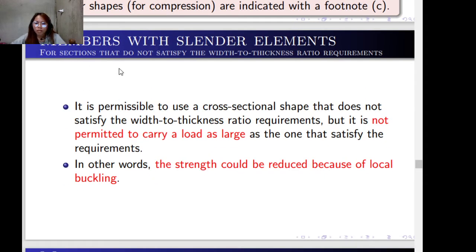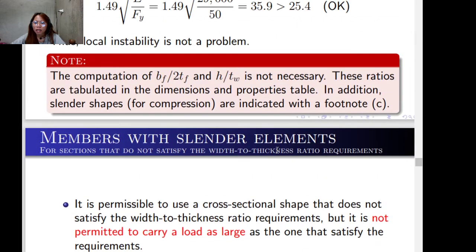What if the sections do not satisfy the width to thickness ratio requirements, meaning greater than lambda sub r and lambda sub p, especially the non-compact?